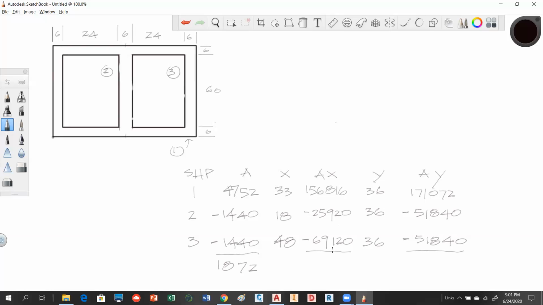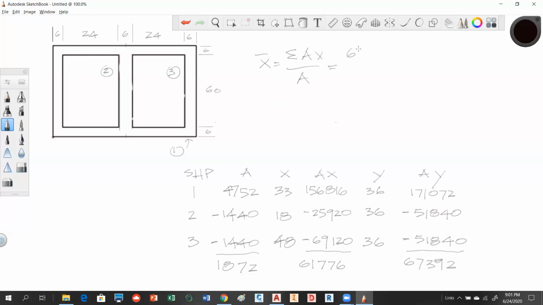Okay, so when we do that and consider the negatives and positives, I get 61,776, and the sum of this column gets me 67,392.